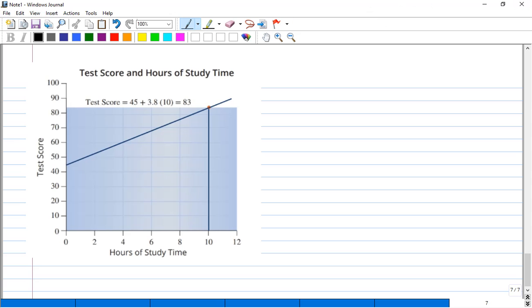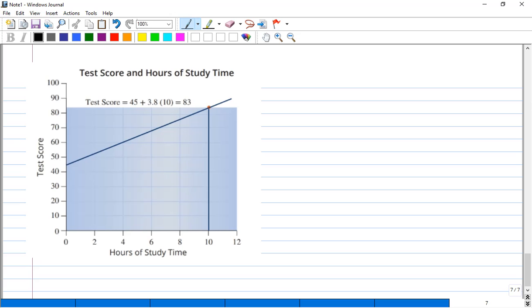Now, is that model exact? No. There's some error in that model, right? Just because I study 10 hours, I'm probably not going to make exactly an 83. All right. Now, could I say if I studied 10 hours, I would probably make a B? Maybe. I mean, some of these nursing tests you have to take, you'll be studying way more than 10 hours if you're going to be successful.